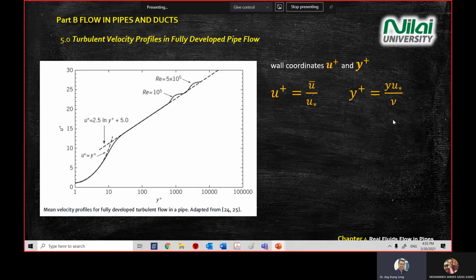So it's given by these two equations. We won't go deep into the derivation, but at this moment what is important is that you know what U plus is and what y plus is. U plus, y plus is a wall coordinate. U plus is given by U divided by U star, and y plus is given by y U star divided by mu.